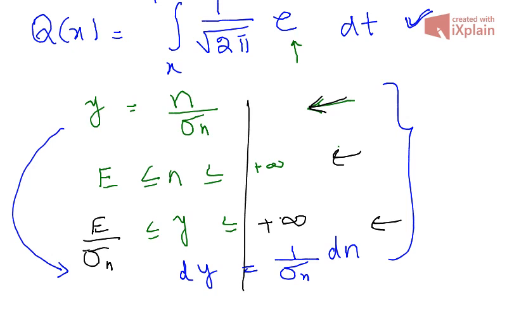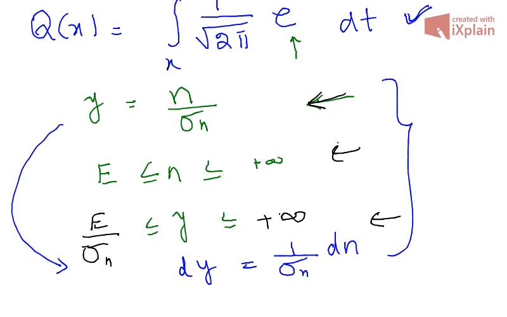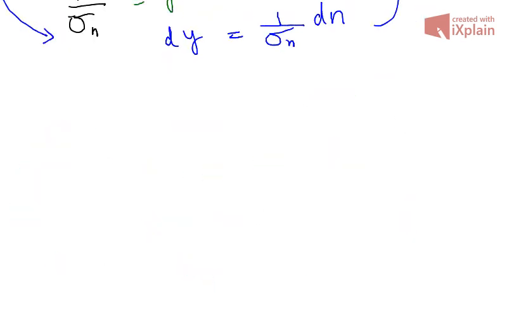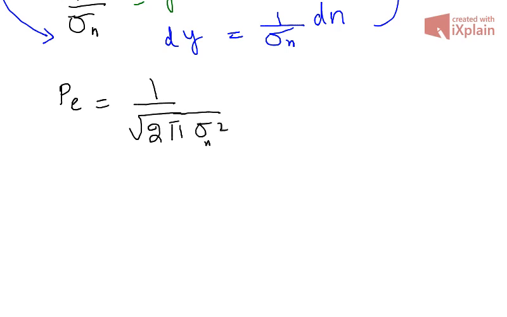So if we go back and rewrite our integral for the probability of error, we can rewrite it in this form: our probability of error is equal to 1 over under root 2 pi, right? And we have sigma n square here, 1 over 2 pi sigma n square.